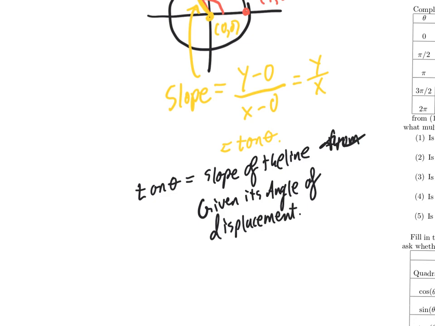And that'll be useful once we start doing some applications. If you have something that you need to compute, where you need to compute a slope, the slope is the tangent of theta.